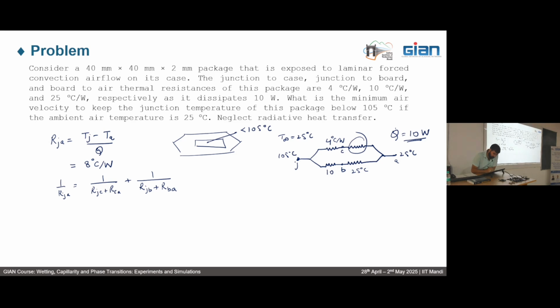This CA is not known to us. Let's suppose this is X. X is equal to 6.3 or this, okay. So yeah, it's 6.37. So your RCA comes out to be 6.37 degrees C per watt.